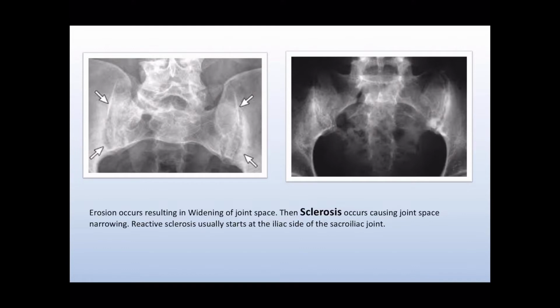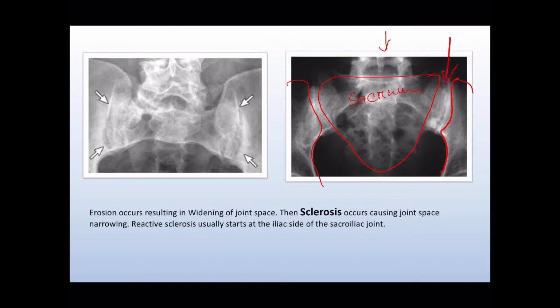What does that mean? Let's see. It is a sacroiliac joint. Here, two bones are involved. First of all, this is the sacrum, and then there is the ilium from the hip bone. So, this is the joint.